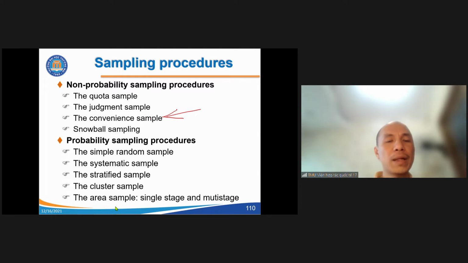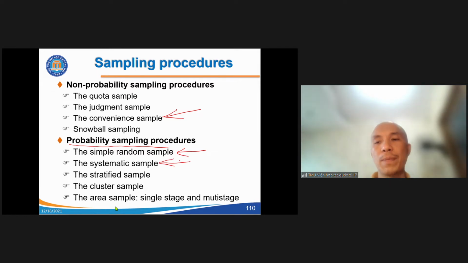sample. But if you choose another, for example, the probability sample procedure, for example, based on simple random sample, you have to think about the way you randomize.